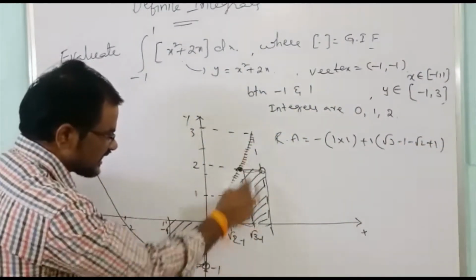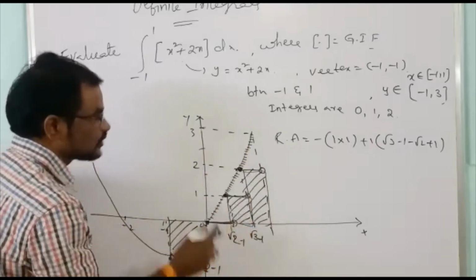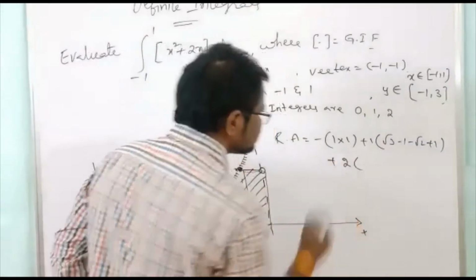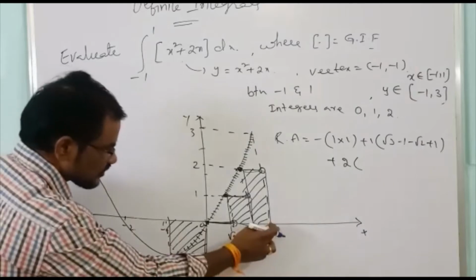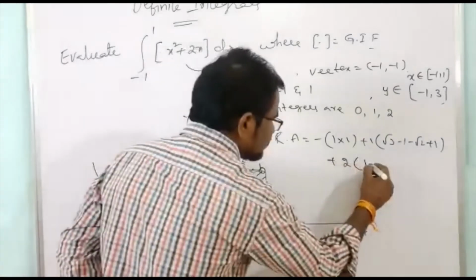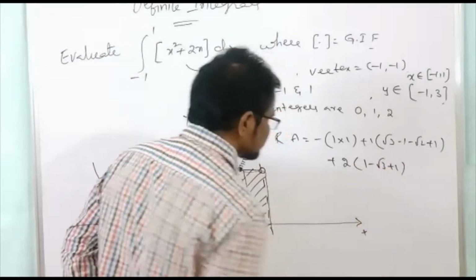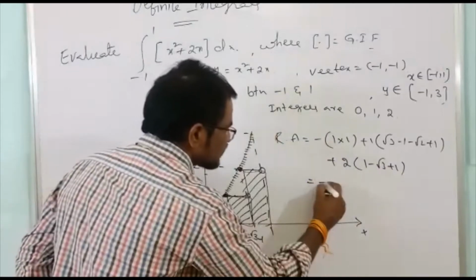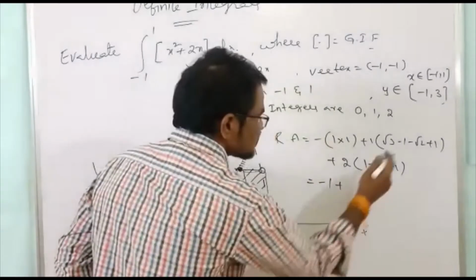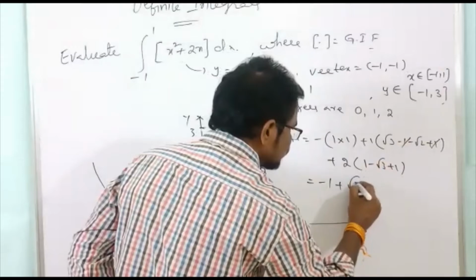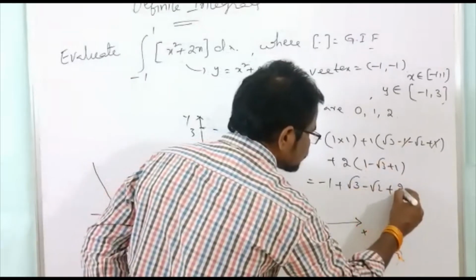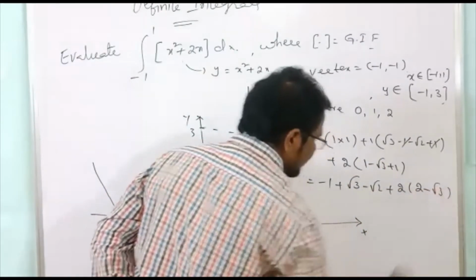Next, for this rectangle, the height is 2, plus 2 into the breadth, which is 1 minus root 3 plus 1. That is equal to minus 1 plus root 3 minus root 2, plus 2 into 2 minus root 3.